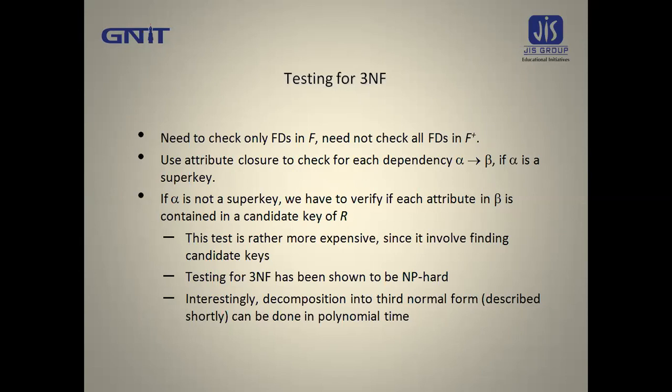If alpha is not a super key, we have to verify if each attribute in beta is contained in a candidate key of capital R. So if alpha is not a super key, we have to verify if each attribute in beta is contained in a candidate key of capital R.